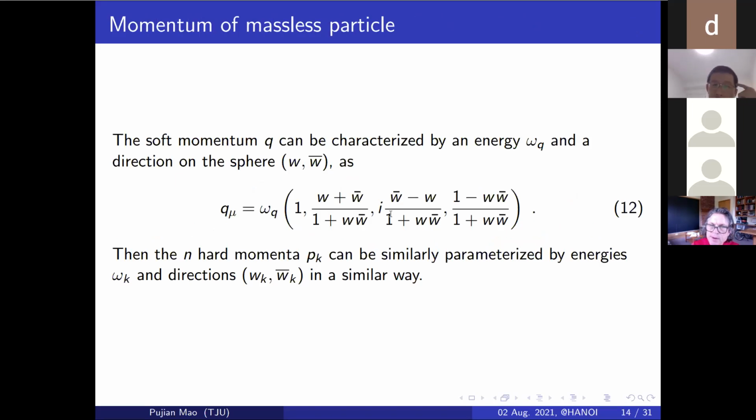Okay, in these coordinates, any momentum q can be characterized by its energy omega and direction on the sphere, and it works for both the soft photons and the hard particles. Suppose we only consider massless hard particles.